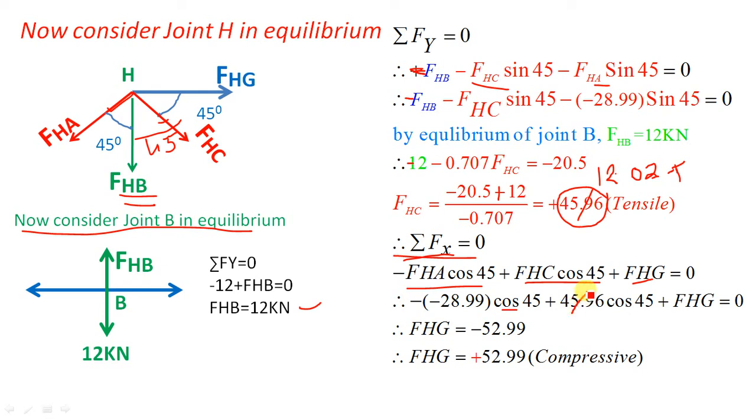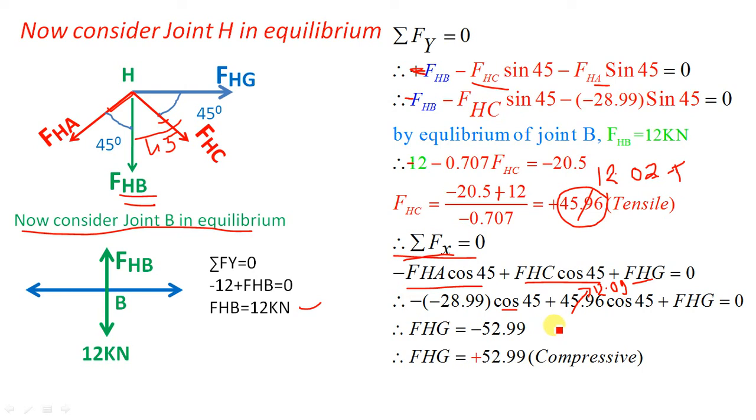It is not 45, it is 12.09. Okay, plus F of HG is equal to 0. If you solve this, you will get the value of 28.99 cos of 45 plus 12.09 cos of 45.